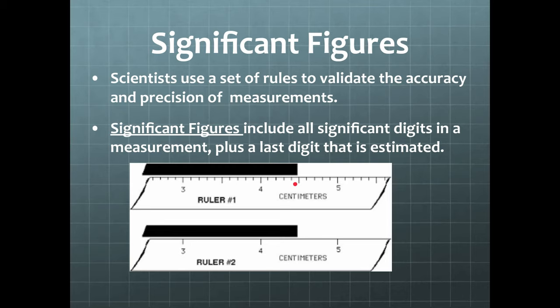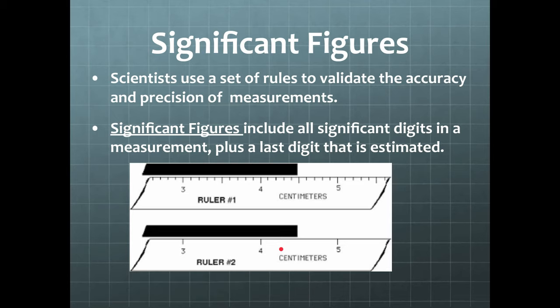So I'm going to estimate one further and call this about 4.48. That's a more accurate measurement, because here on ruler number 1 it's 4.48, but on ruler number 2 the measurement is only 4.4.